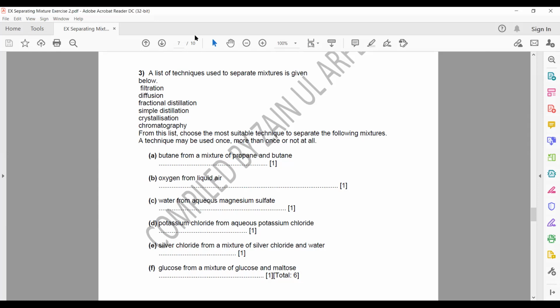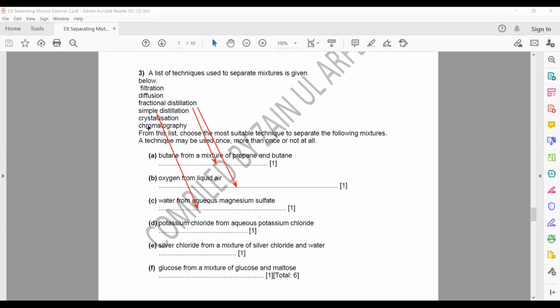So the techniques: butane from a mixture of propane, we use fraction distillation. Oxygen, we use fraction distillation. Water, we use simple distillation. Water from aqueous magnesium sulfate, we use simple distillation.